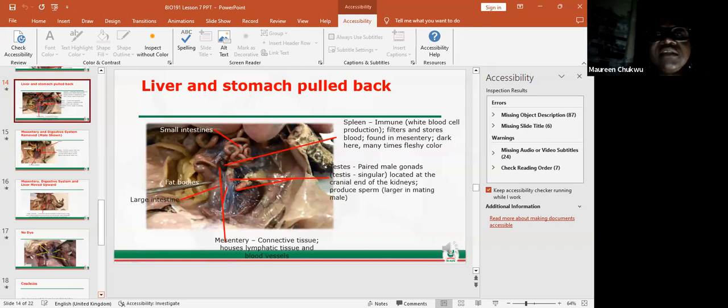Then we have the testes, for males, which are paired male gonads located at the cranial end of the kidneys, which produce sperm, larger in mating males. Then we have the mesentery, which is connective tissue and houses lymphatic tissues and blood vessels.